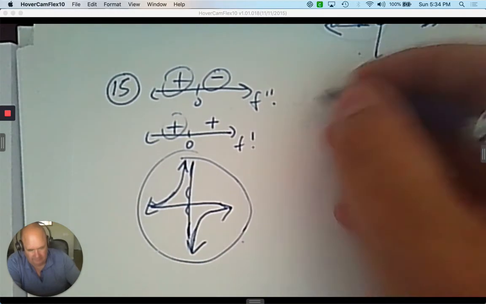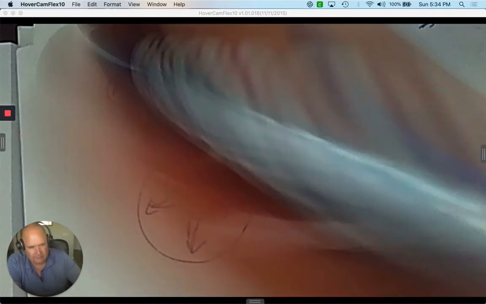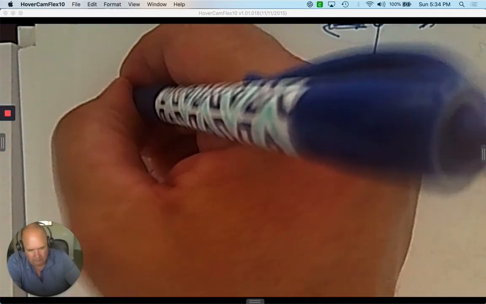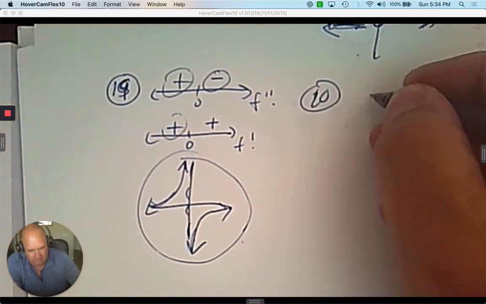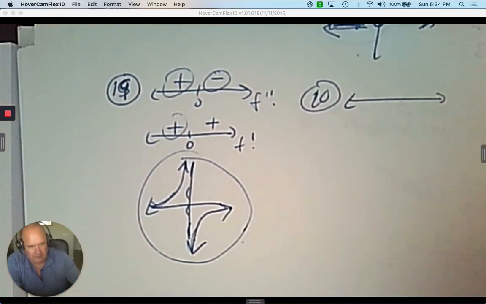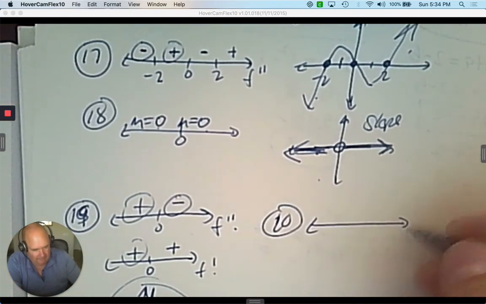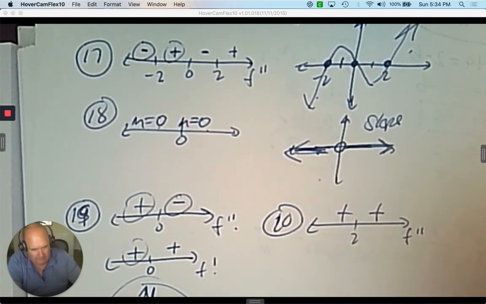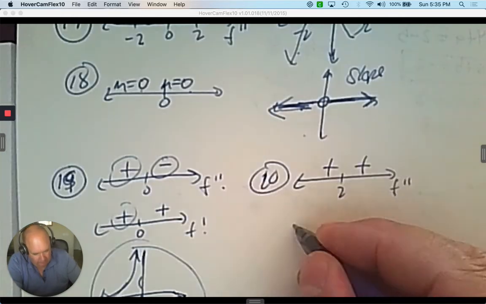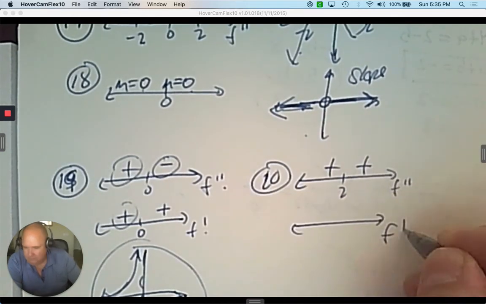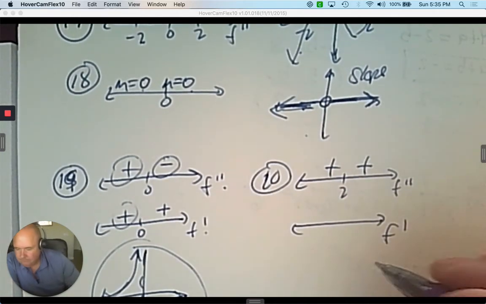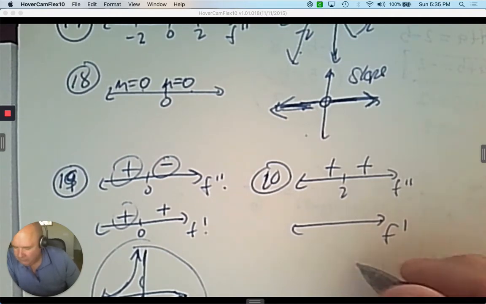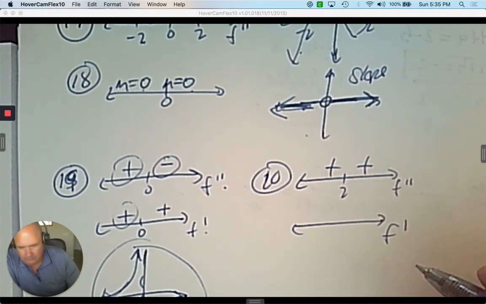Sorry, this is 19 and 20. This is number 19, this is number 20. For number 20, I look back at 16, and the second derivative was concave up through everything. Then for the first derivative, let's see what the x-intercepts are for number 16.